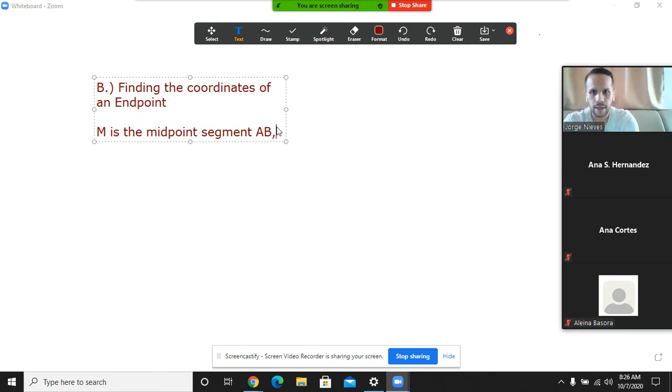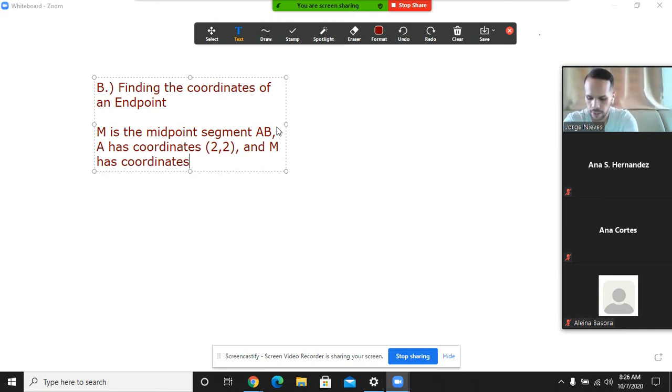Okay? So we got A. A has coordinates 2 and 2, okay, x1 and y1. And we also got the coordinates of M. Now, students, what we were looking for in the exercises we just saw is what we have now. We have the coordinates of M, the midpoint.